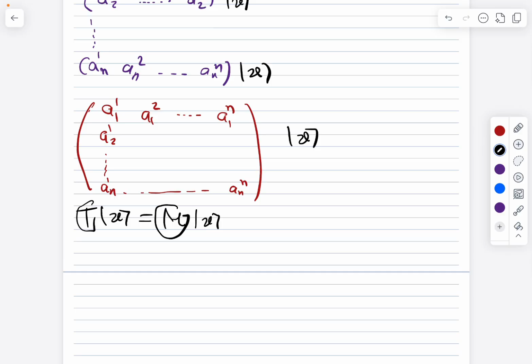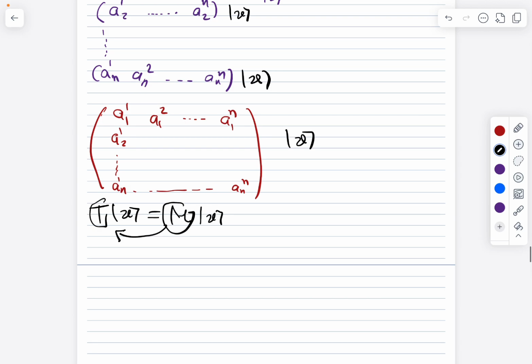And the opposite is true. Given a matrix, we can associate with it a linear operator. This is a strong fact, and it simplifies calculations hugely, especially in quantum mechanics, as we will see many times. When you have a linear operator, we just convert it to a matrix and we play with the matrix.